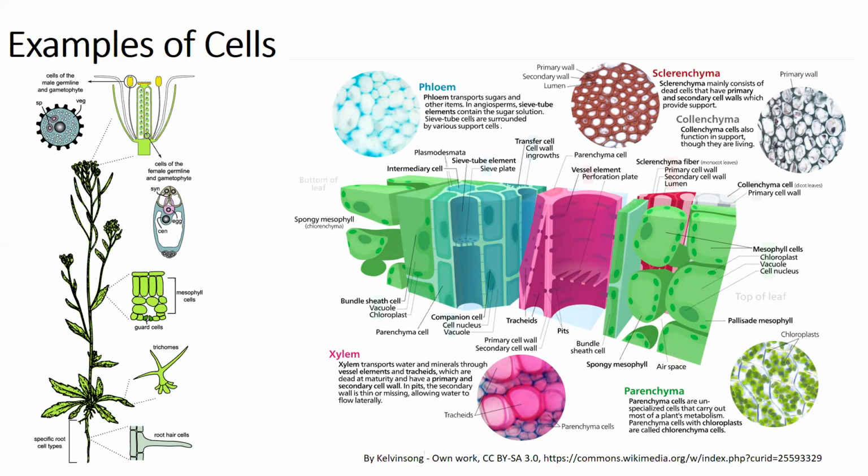For example, there are male germline cells or gametophyte cells, female cells, mesophyll cells, trichomes, root hairs, specific root cell types. There are some other types. Similarly, there are phloem, sclerenchyma, palisade mesophyll cells, parenchyma, xylem. So there are several different types of cells. We shall discuss some of them in detail.